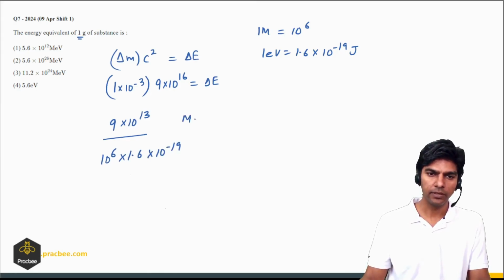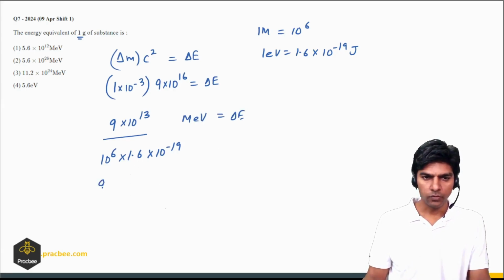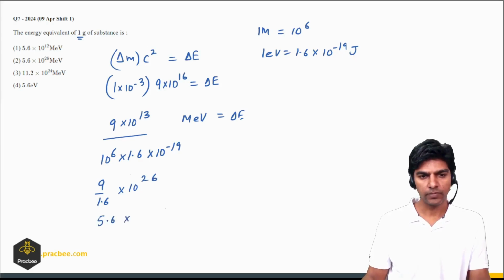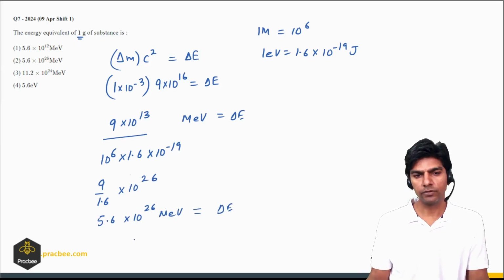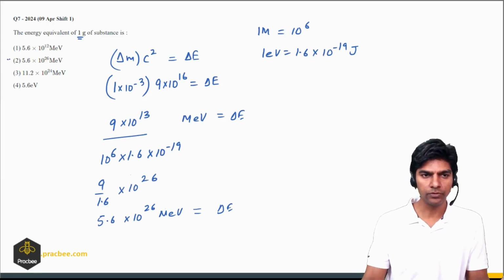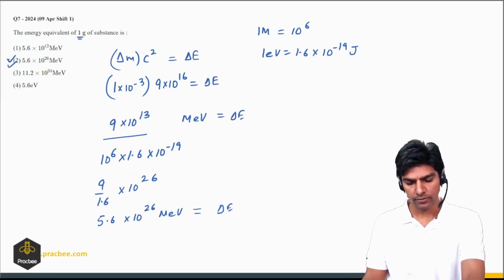This will give us the answer in mega electron volt. So it comes out to be 9 by 1.6 times 10 raised to power 26, which is 5.6 into 10 raised to power 26 mega electron volt. So we can say 1 gram of substance is equivalent to 5.6 into 10 raised to power 26 mega electron volt. So option 2 is the right answer.